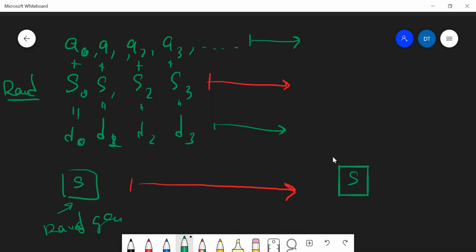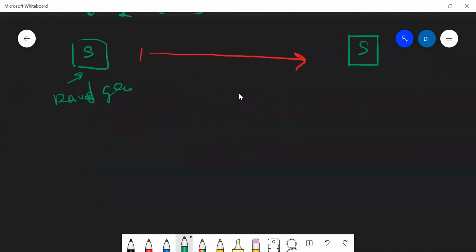Now you and the other party both have the same random generator, and the procedure of communication looks like this. You have the random generator, and the other one has the random generator, and they are synchronized.